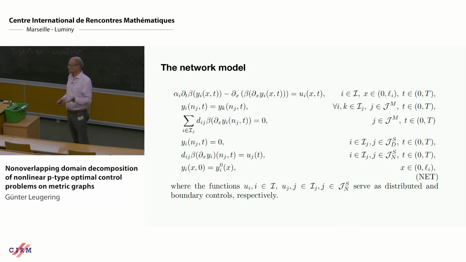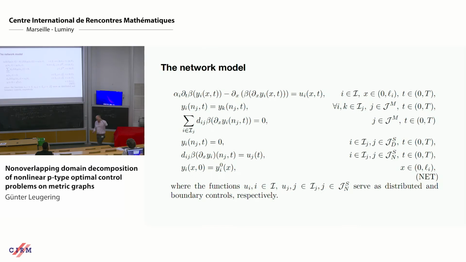Then you are back to classical mathematics. It's a two-point boundary value problem for a large system. Okay, so this is what we do, and well-posedness has been looked at by a student of Herbert Egger and also others, so that you can safely say well-posedness is done.